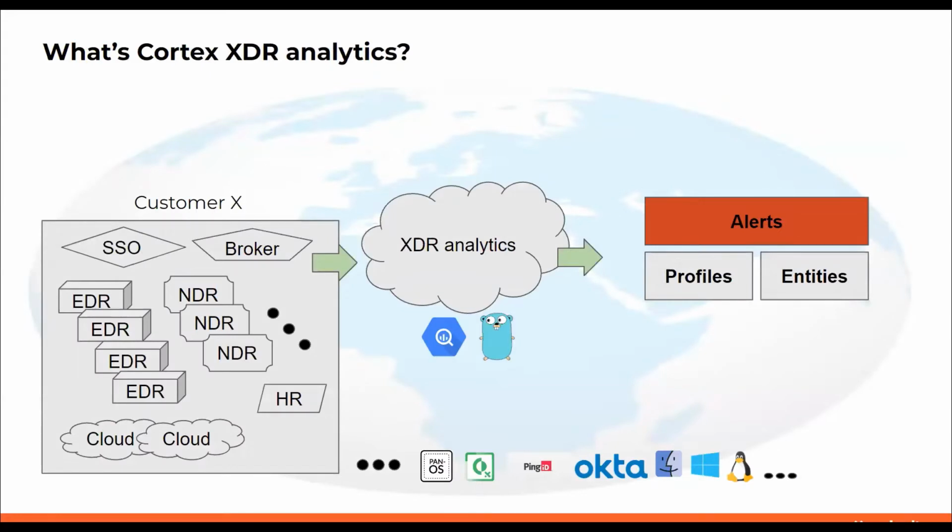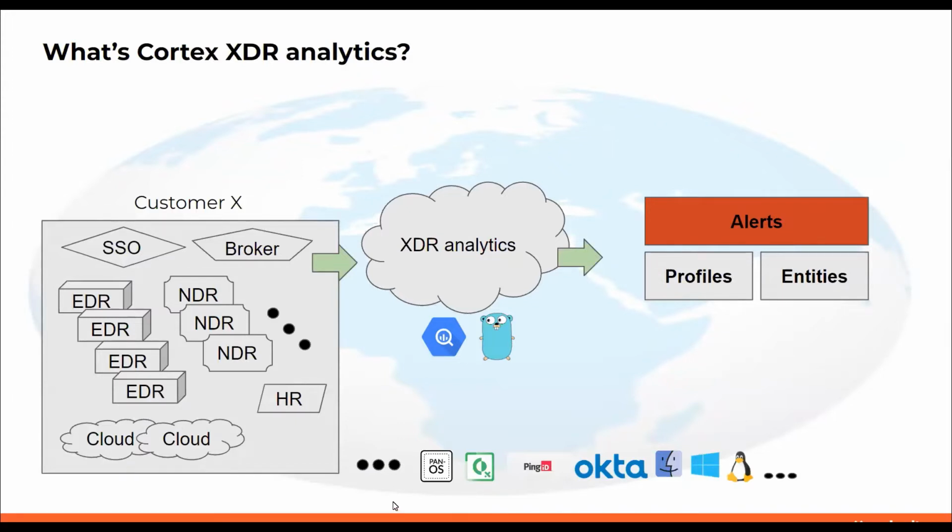Okay, so now that we know why we need it, what is Cortex XDR Analytics essentially? It's a highly scalable service that detects malicious activities based on various kinds of data types that are collected from various sources and different vendors.